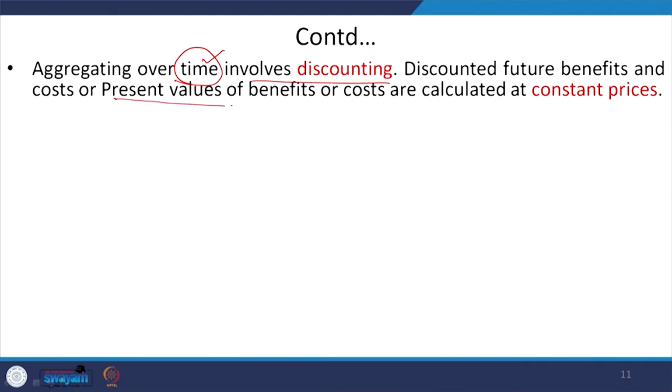And the present values of benefits and costs are calculated in terms of constant prices, so that you can actually aggregate the benefits and costs. Otherwise you will suffer from the problem of rising prices and falling prices, and accordingly the value of willingness to pay and willingness to accept will be different.